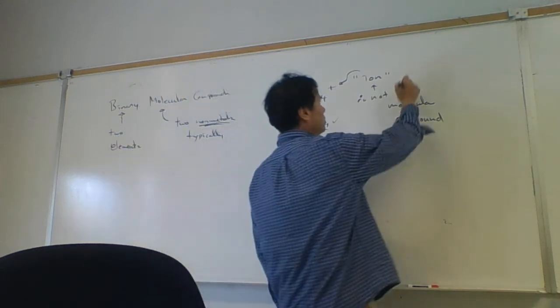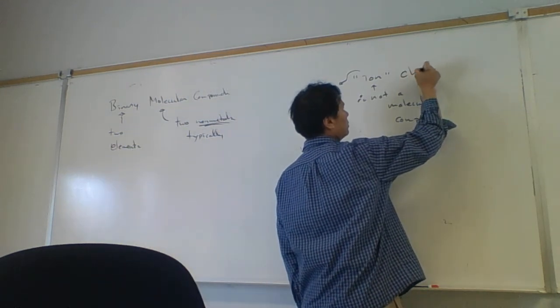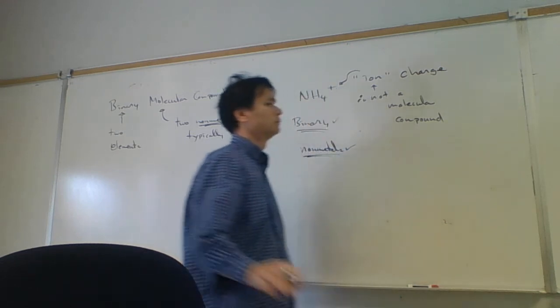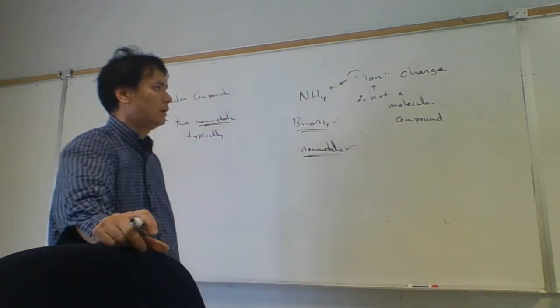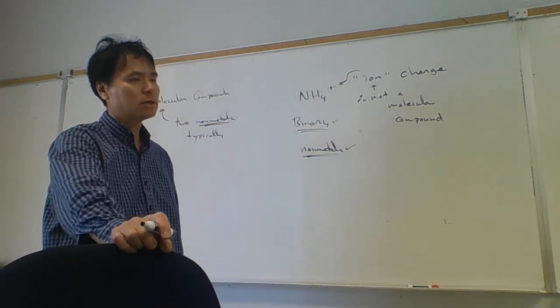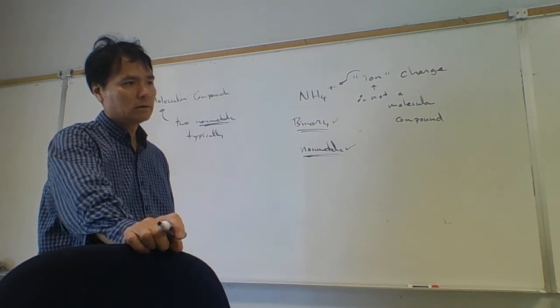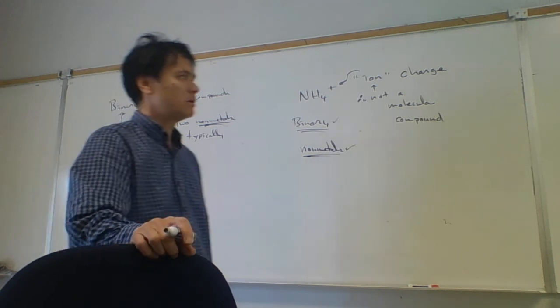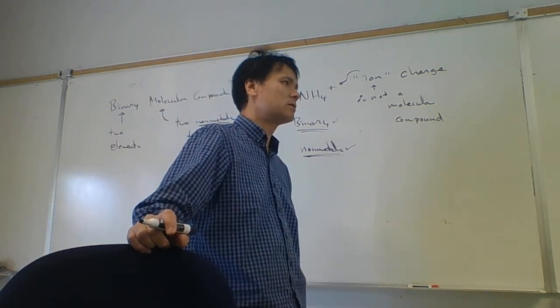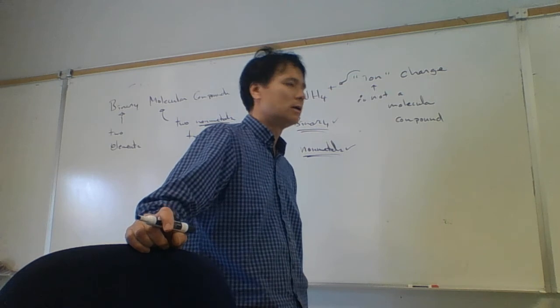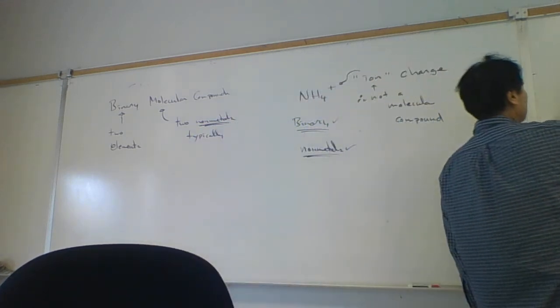The ion is charged, sorry. Charged. Well, it's not an ion. It doesn't have a charge. It consists of all nonmetals. This consists of molecules. Therefore, this is a molecular compound. Yes. It's a molecular compound.